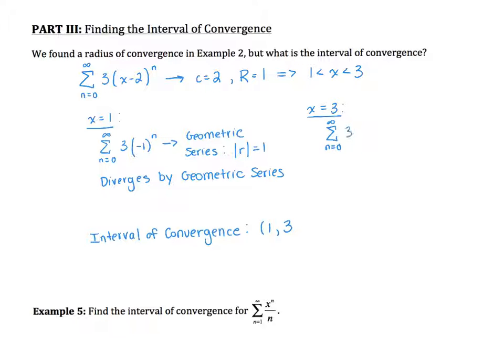We've got 3 times the quantity 3 minus 2 to the n, so that's 1 to the n, and if we could figure out the last one, we can certainly figure out this one. This is simply a geometric series with, again, r equal to 1. So this also diverges by geometric series.